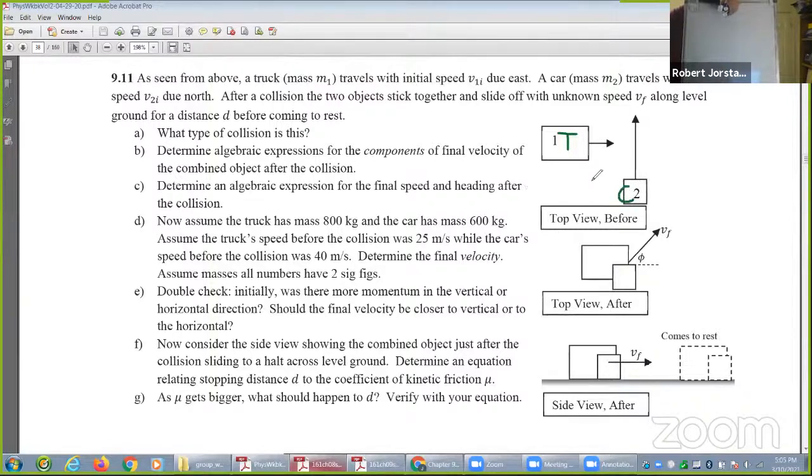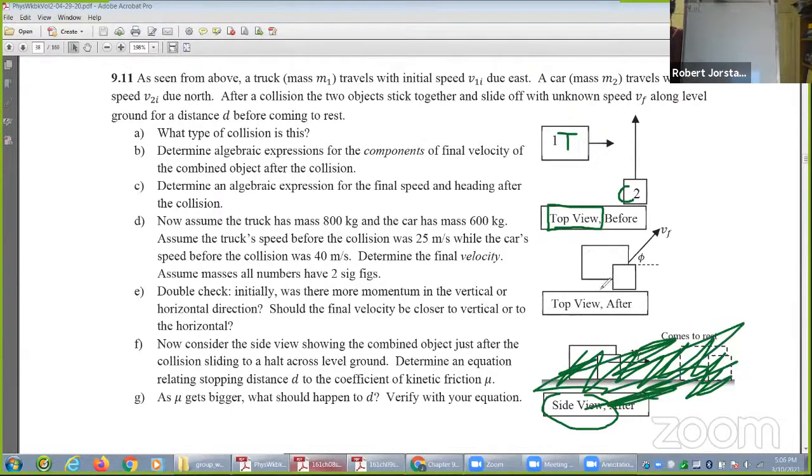Now notice that this is a top view, okay? Top view. So in this case, imagine you're in a helicopter or a drone looking down at these things. Notice this last picture is a side view. For now, let's just ignore that. This is a view just before the collision. This is a view just after the collision.